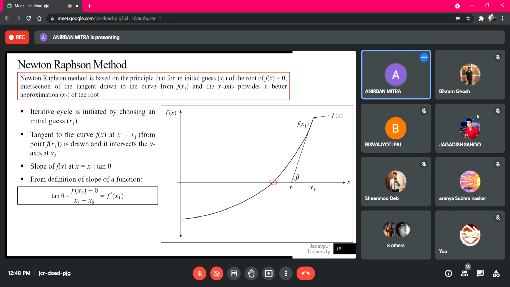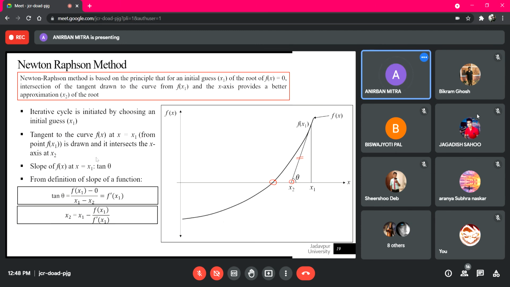Actually, we are talking about this tangent. This is the angle theta. So if we consider this tangent, then in the denominator, it will be x1 minus x2. And in the numerator, it will be f of x1 minus this value. What is this value? That is 0. So we put 0 over there.